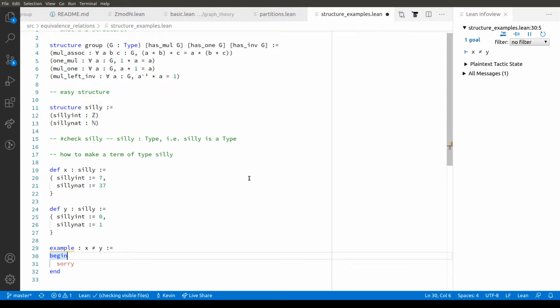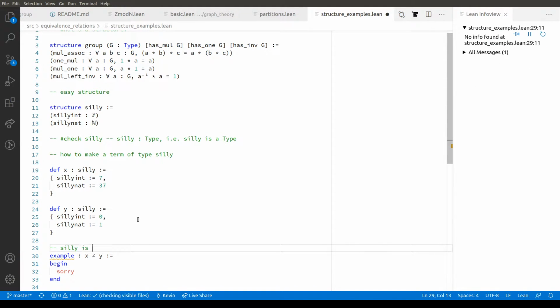So they're clearly not equal, because I made one. If you like, a term of type silly is just a pair, right? Silly is an implementation of the product type Z cross nat.